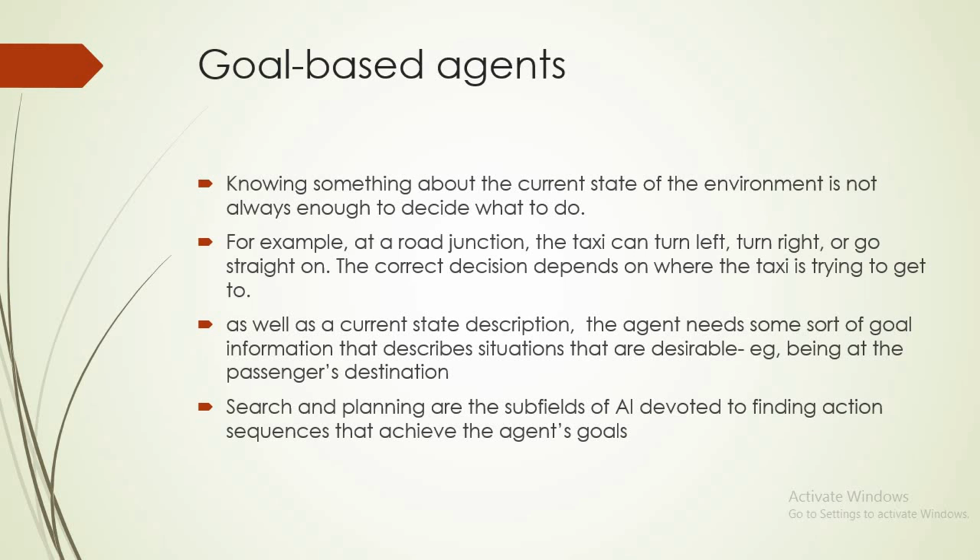It's not just a matter of driving or going, but we need to know so that we can reach the passenger's destination. That's the goal. So as well as the current state description, the agent needs some sort of goal information that describes situations that are desirable. For example, being at the passenger's destination, that's the most desirable goal. So you can see that this agent improves on both the simple reflex and the model-based.